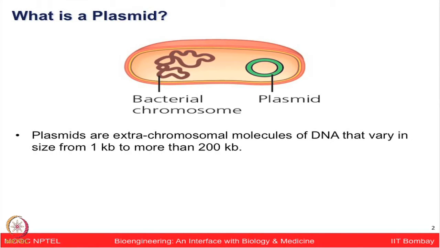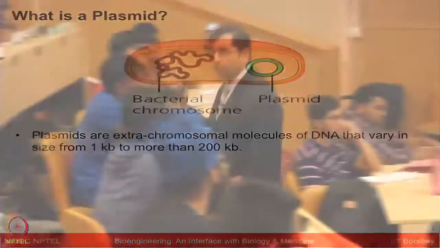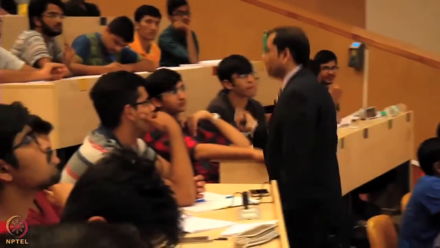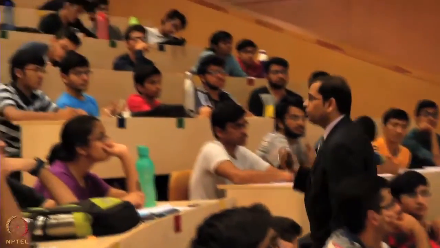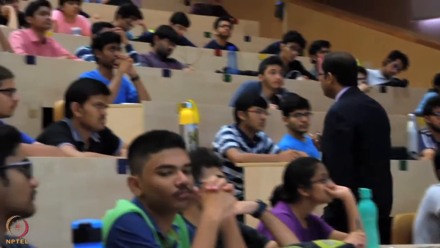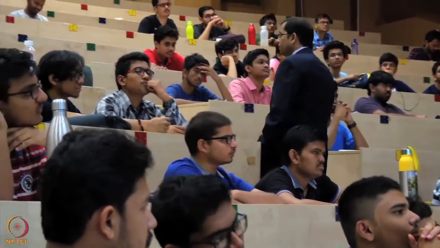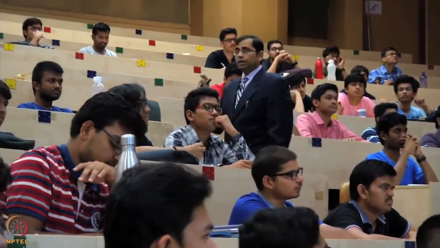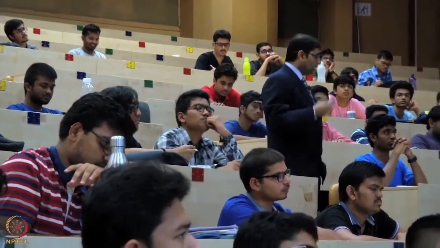Now, these plasmids, unlike the bacterial chromosome which has all the useful genes which are of course essential for the bacteria for its own propagation, have only very few genes, and they are useful, but they are extra chromosomal. So, therefore, they are not so essential as well.